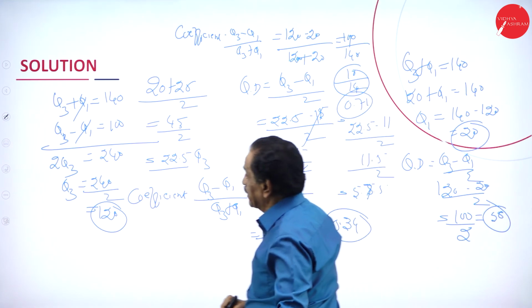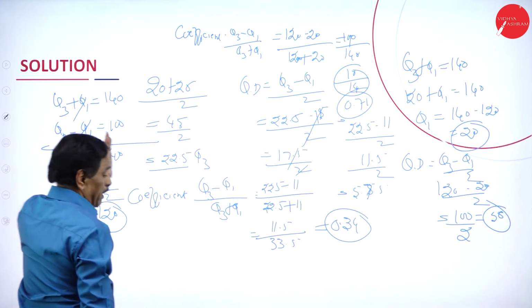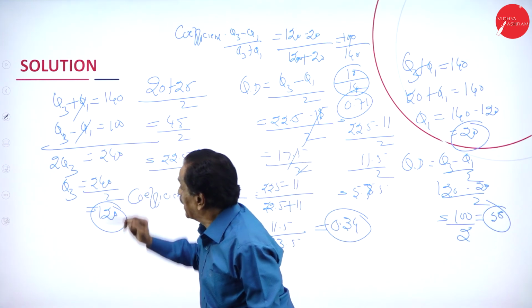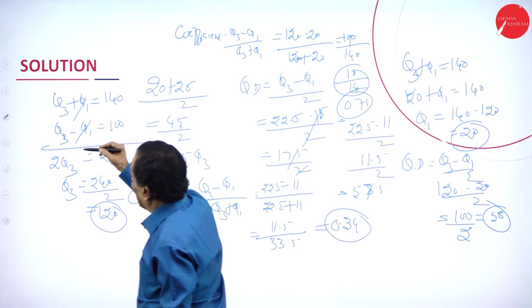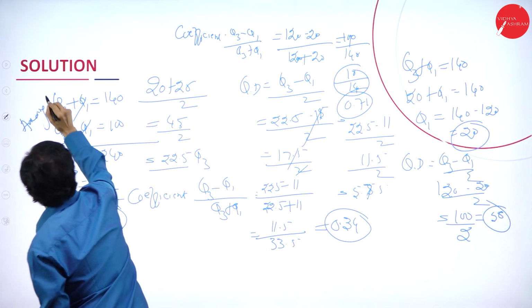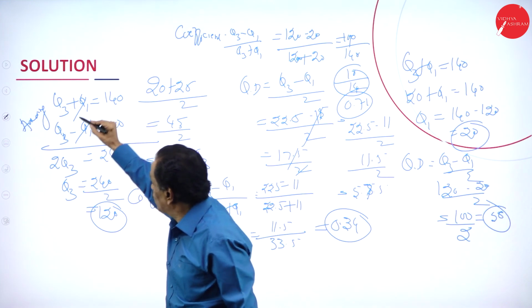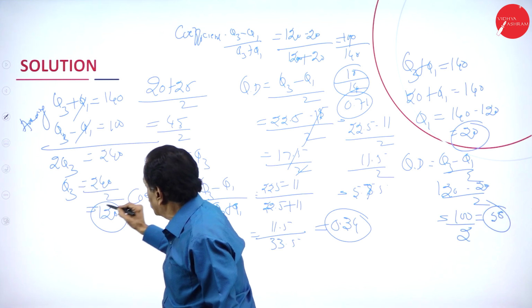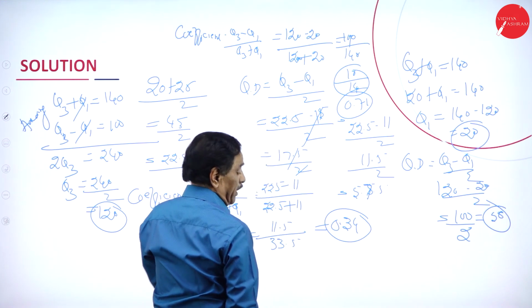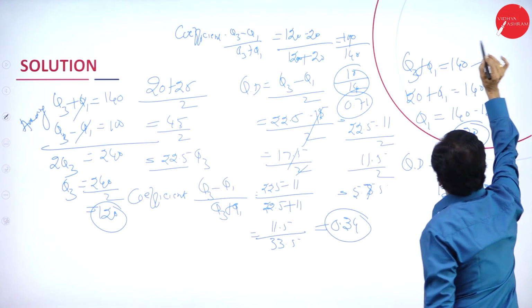I think you have a clear picture. Q3 plus Q1 is 140. Q3 minus Q1 is 100. Add the figure, by adding the figure. This is 2Q3, 240. Q3 is 240 divided by 2 is 120. Apply to find out. Q3 plus Q1 is 140.